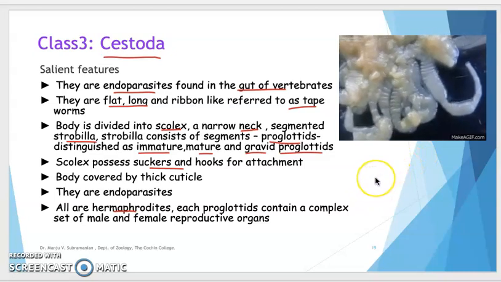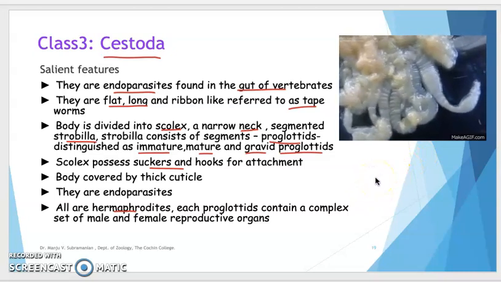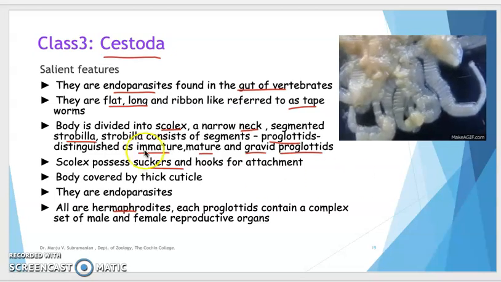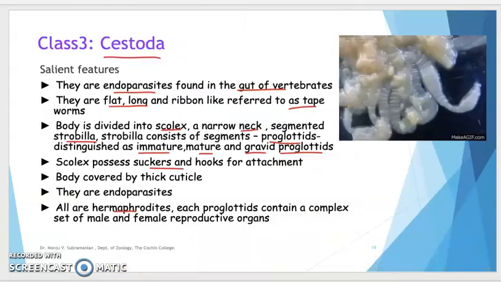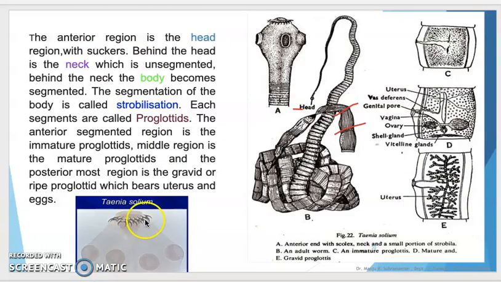That type of animal is called a hermaphrodite. This is an original picture of a scolex region. You can see the hooks here in a particular arrangement, and these are the suckers.